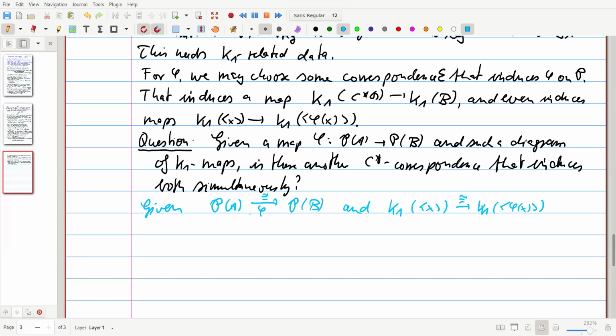So you have isomorphisms between these monoids for two graph C-star algebras and also between the K1s of all ideals. This is phi 1, this is phi 0.